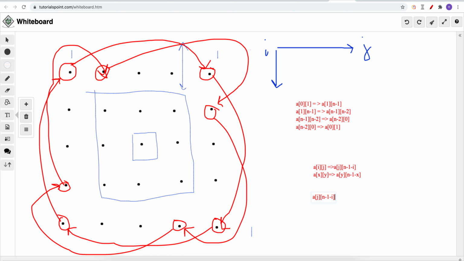So this was x is j, and how x was written is n minus 1 minus j. And this is our y, and it was the same as y, so this is n minus 1 minus i. So this is our second position.